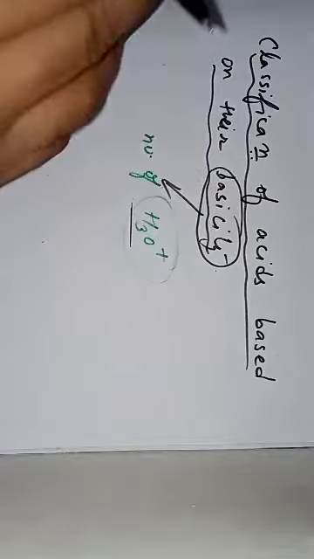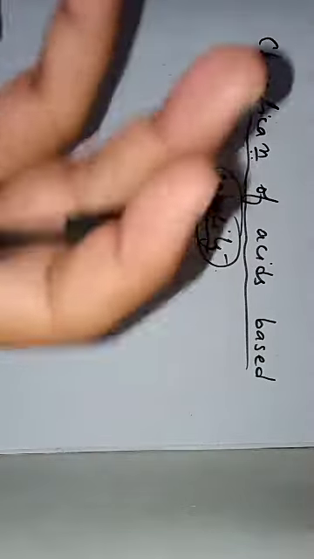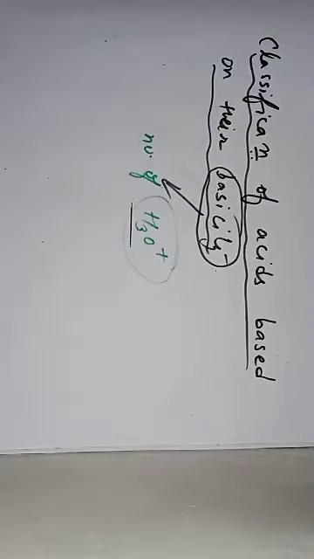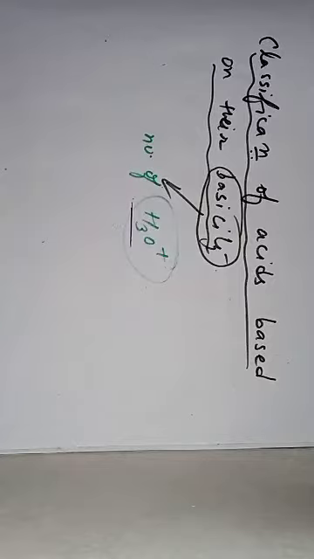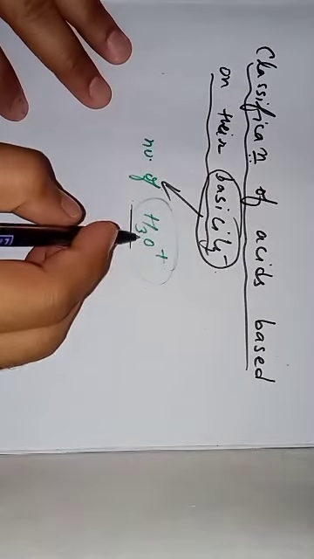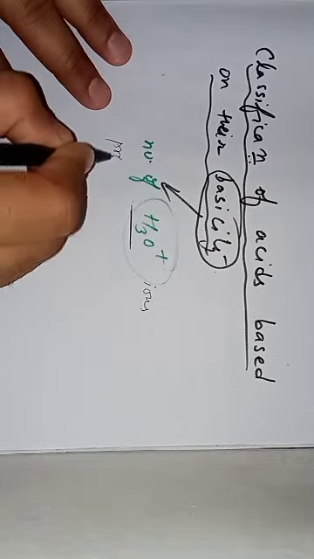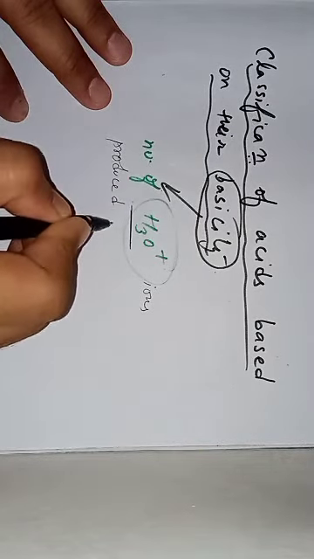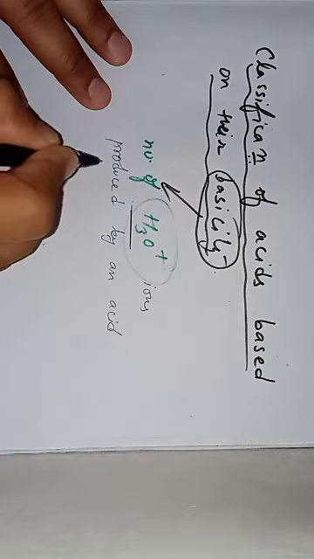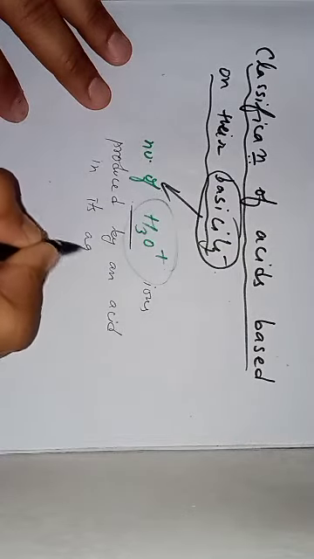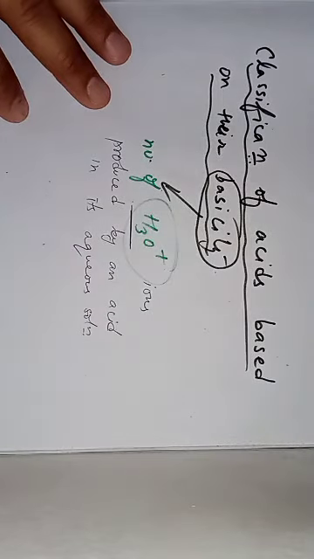But the exact particle which comes into play is the hydronium ion. So the number of hydronium ions produced by an acid in its aqueous solution, this is the definition of basicity of an acid.